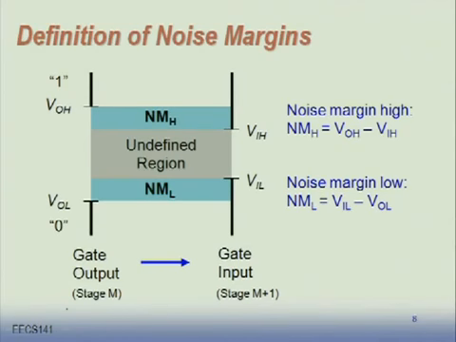We'll refine this a little bit. I just introduced two noise margins: noise margin to logic 0, noise margin to logic 1. I can talk about different noise margins a little bit later.